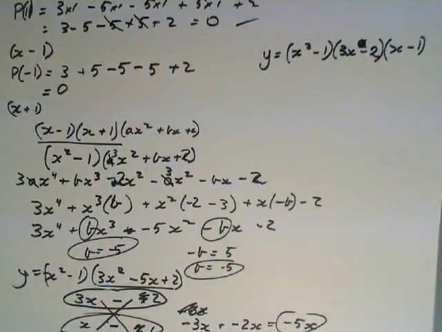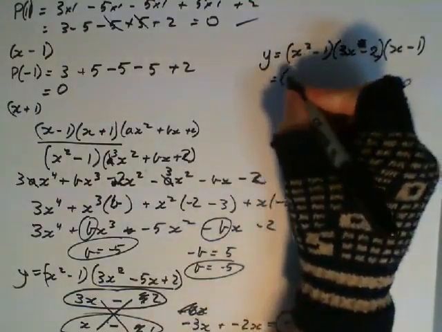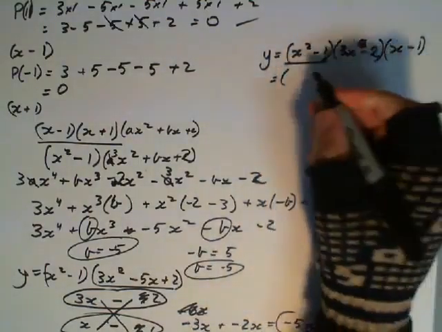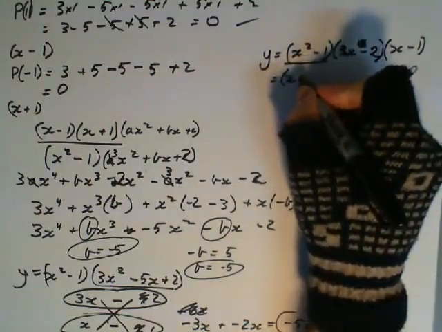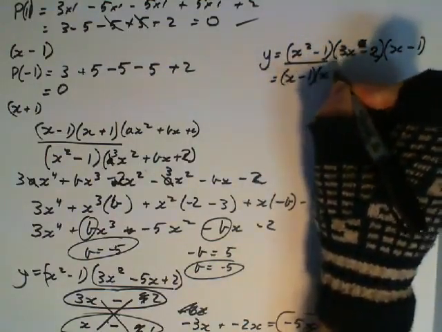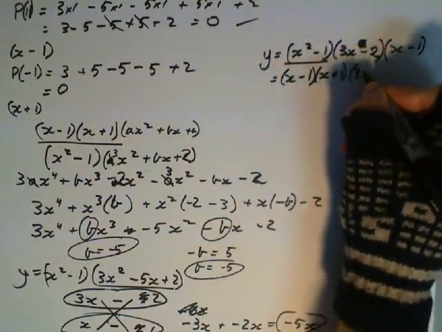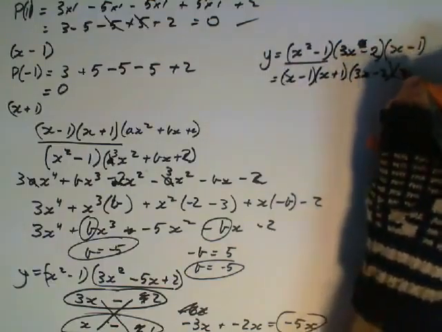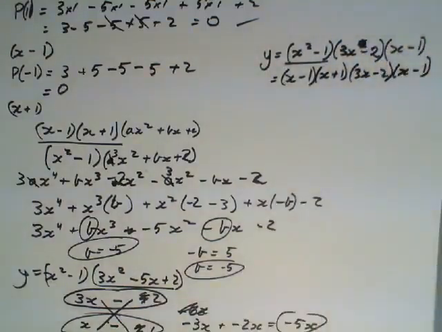Okay, and so that's completely factorized. We can also do this part as well, just as a technicality. X plus 1, and then 3x take 2, x take 1. Okay, so there's 4 points.